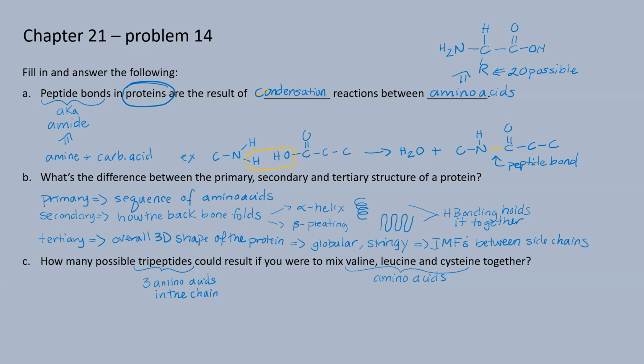One possibility is you could have 3 valines hook up. And then you could have 3 leucines. You could have 3 cysteines.